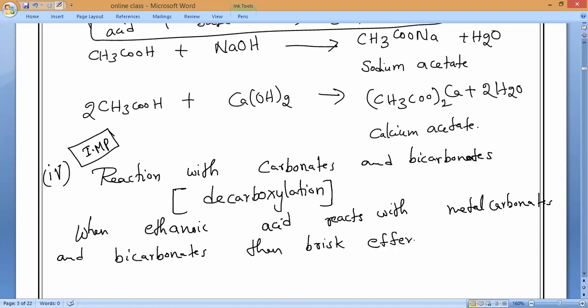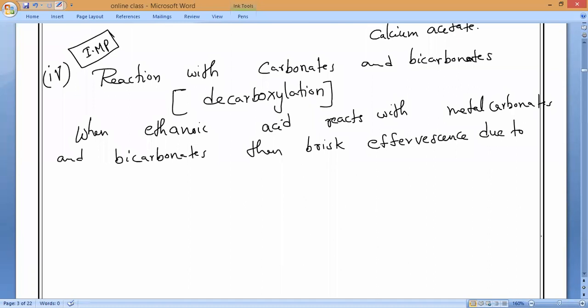What do you mean by brisk effervescence? You will get a hissing sound with bubbles. Effervescence means gas will be released. Due to the carbonate and bicarbonate, the product is carbon dioxide. Due to the release of CO2, gas is produced.